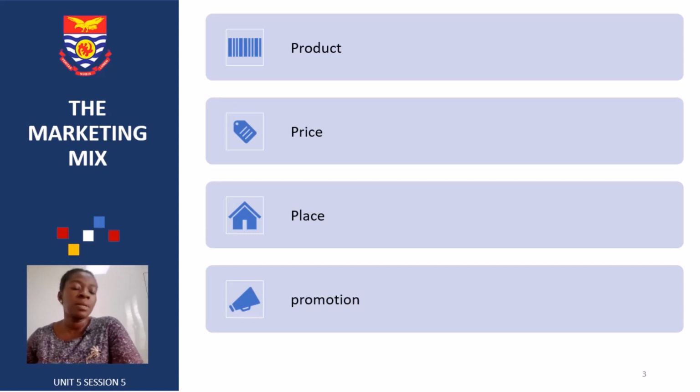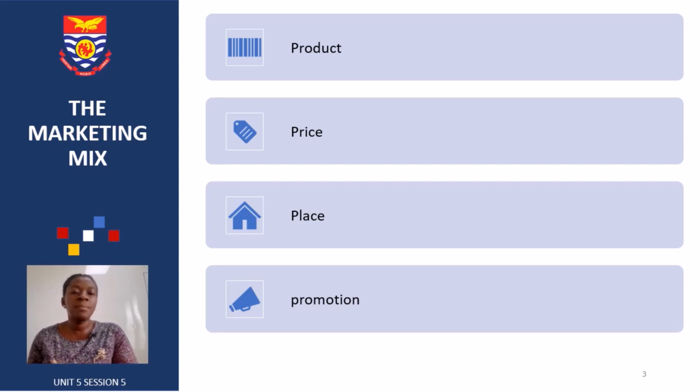So the marketing mix is looking at how you're going to use your products, your pricing strategy, your promotion, all these strategies together to serve the needs of your customers. These things are interrelated, and each one has an effect on the other.